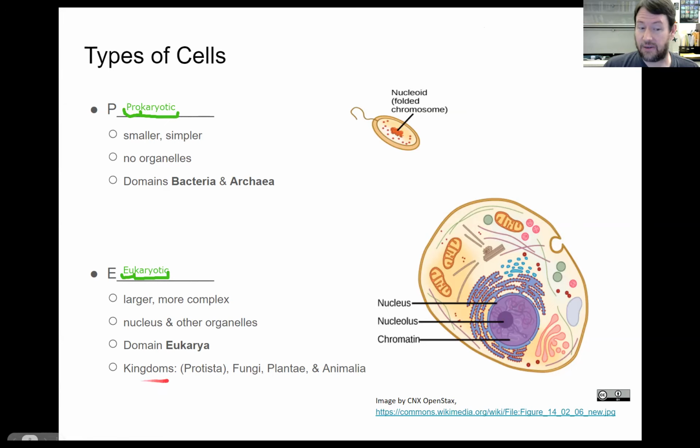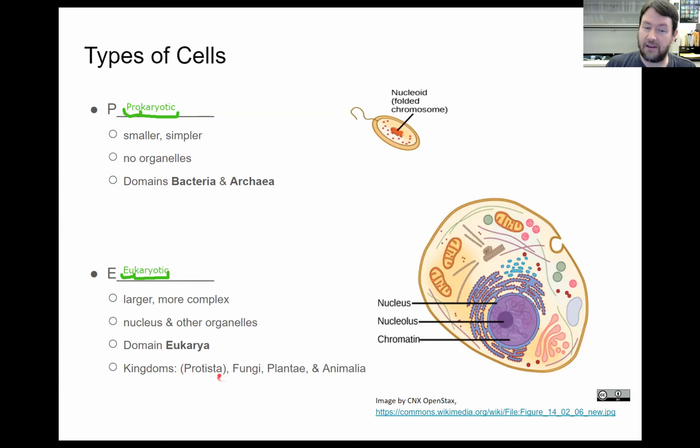Well, what kingdoms are we talking about then? For eukaryotic kingdoms, well, there's probably several kingdoms that we used to call a single kingdom called Protista, or Protoctista if you go back far enough. But really this is maybe anywhere between 10 and 20 kingdoms, I'm going to guess, but they haven't quite figured it out yet. Looking at the genetics, there's just a lot of genetic variation in here.